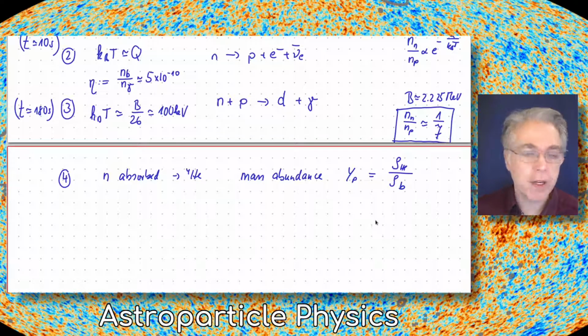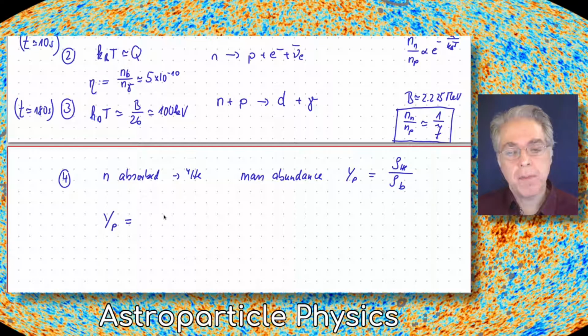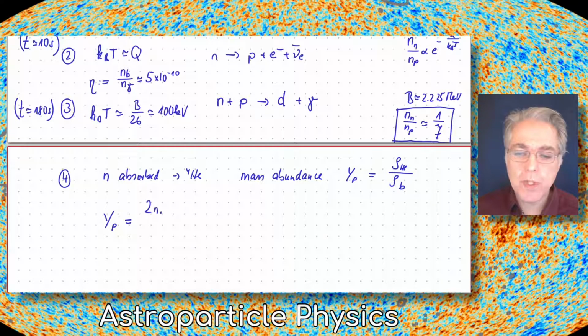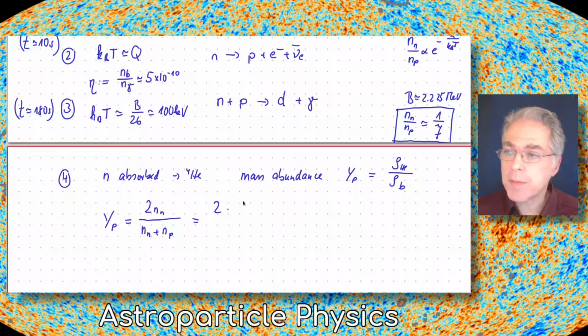of the total baryons. In our case, we can simply say, if we assume that all the neutrons go into the helium, that means that 2 times the number density of neutrons over the total number density of the neutrons plus the protons, because you have 2 neutrons per helium. Then you plug in, so this is 2 times, and then we use this ratio of 1/7.